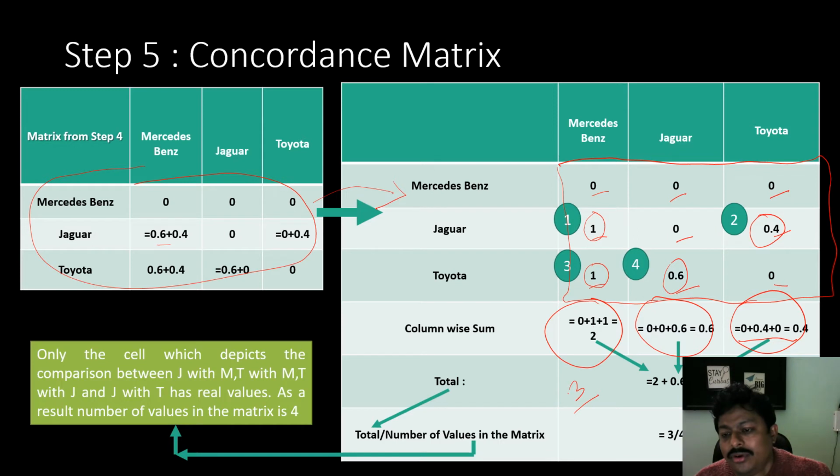So there are 4 non-zero numbers. So you will divide this 3 by 4 to get the C bar value. Okay, this is also known as concordance value or concordance threshold or concordance bar value.